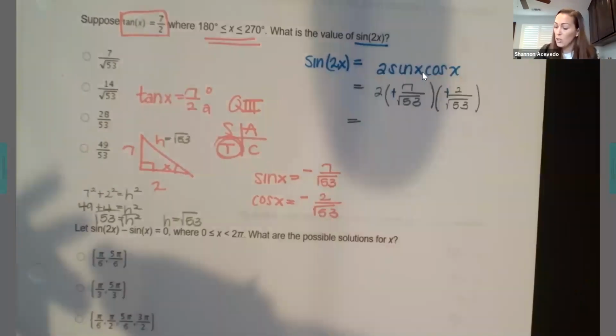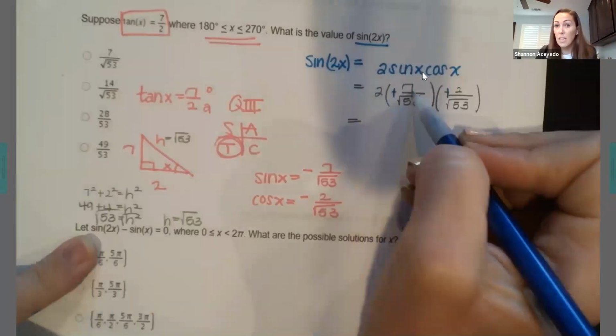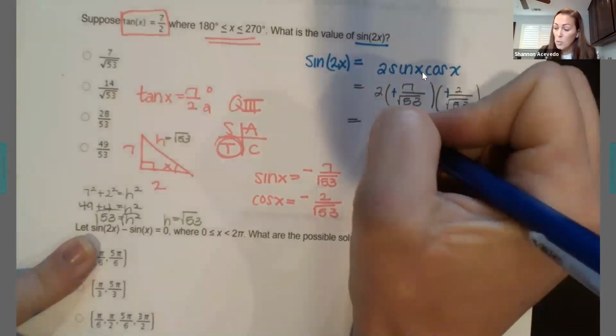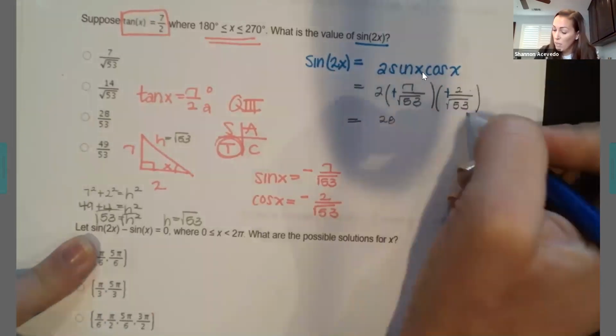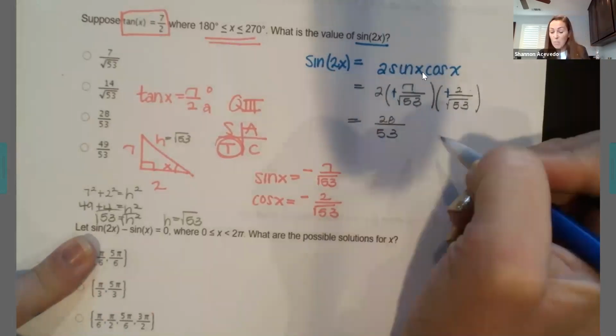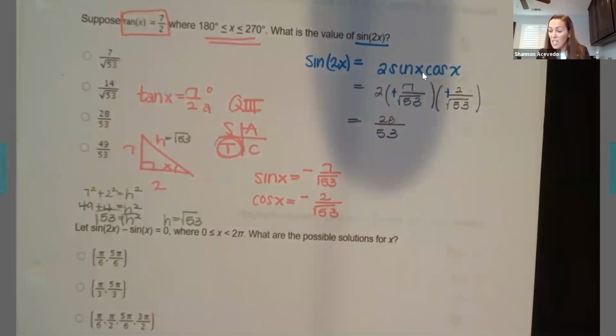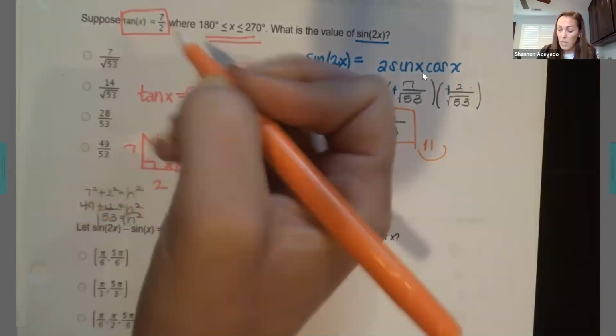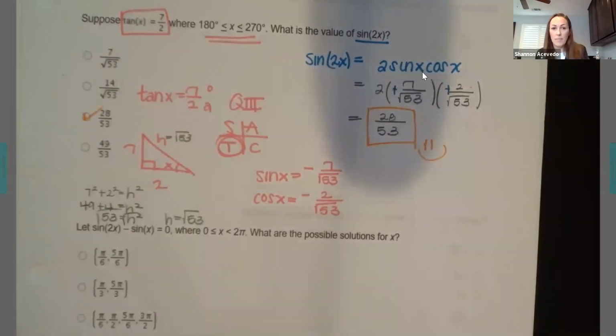I have 2 times 7 is 14, times 2 is 28. The square root of 53 times the square root of 53 is just going to be 53. And I can't simplify that. So this is the answer we were looking for. This is done, simplified. And it matches this one right here. All done.